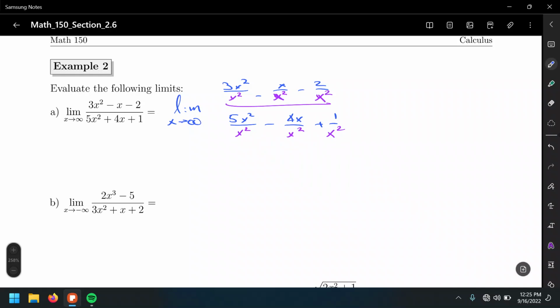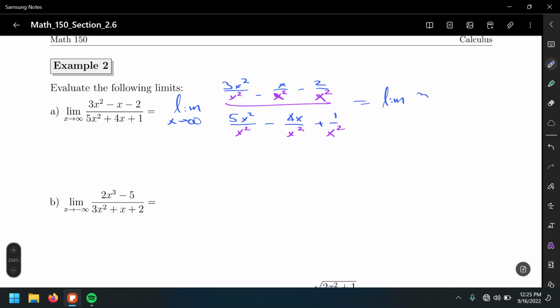Now, let's simplify this. The x squares cancel here. That's going to be a limit of 3 minus x over x squared, which is 1 over x, and minus 2 over x squared. Over 5 plus x over x squared, that's 4 over x, plus 1 over x squared.